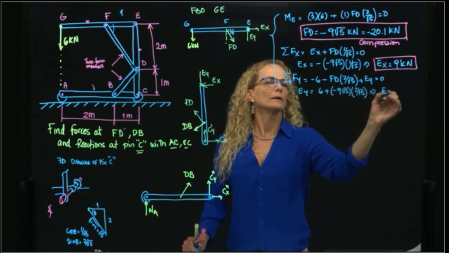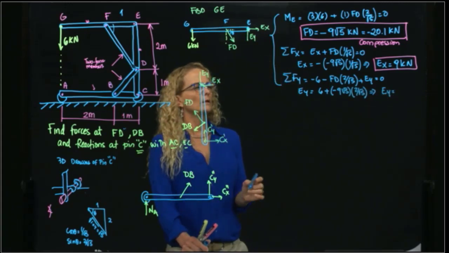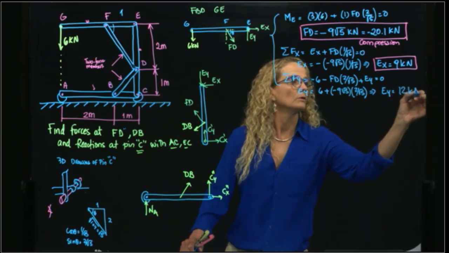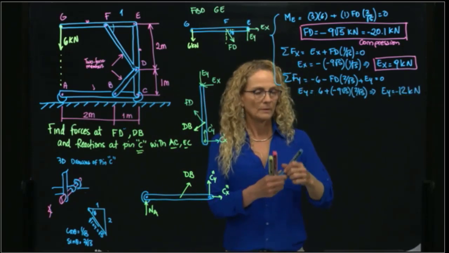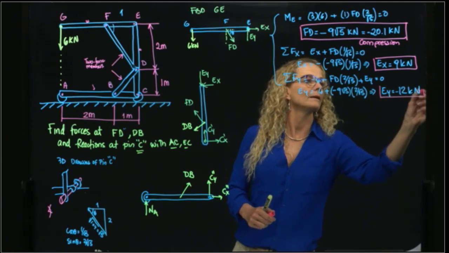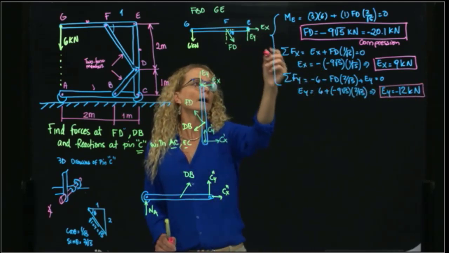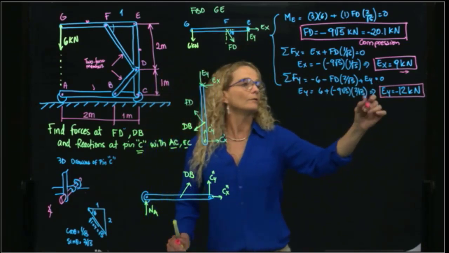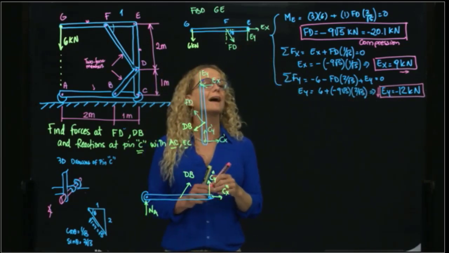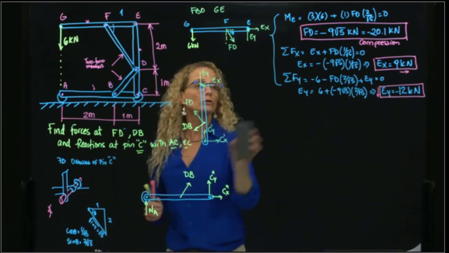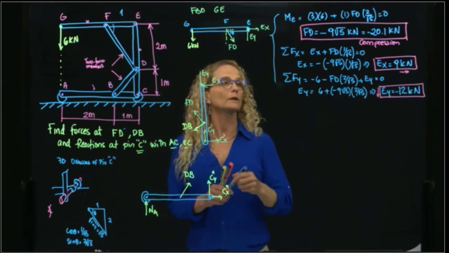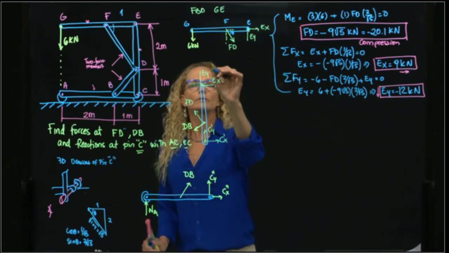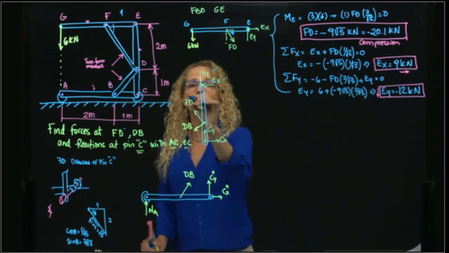That means that EY is equal to 18 minus 6, which is 12 kilonewtons. So I assumed that to be to the right, and it's positive, so it goes to the right. I assumed that to be up, and it gives me a negative value, so it means that it goes down. Good. So those are the equations of equilibrium for the first free body diagram, and I was able to find those two.